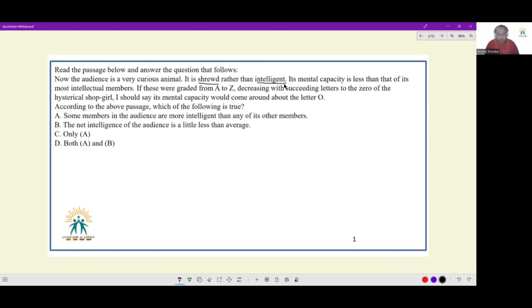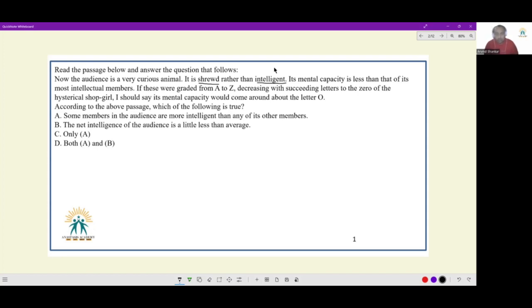If these were graded from A to Z, the mental capacity of individuals graded from A to Z, decreasing with succeeding letters to 0 of the hysterical shock curve. So the most intelligent person, and it keeps on decreasing to the 0 mental capacity of the hysterical shock curve.